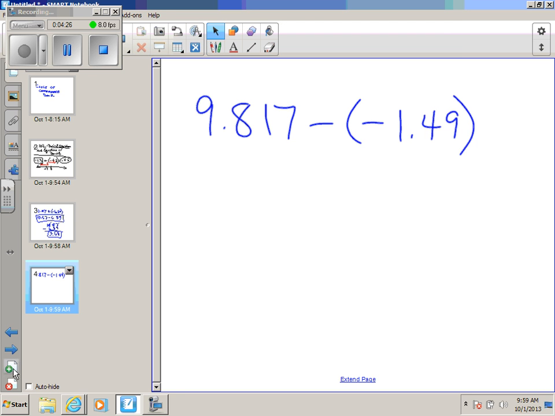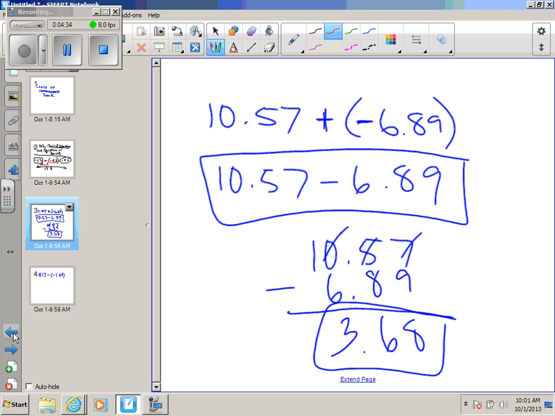Your turn. Okay, so rewind. When I add a negative, what did it really mean I was doing? Sophia?